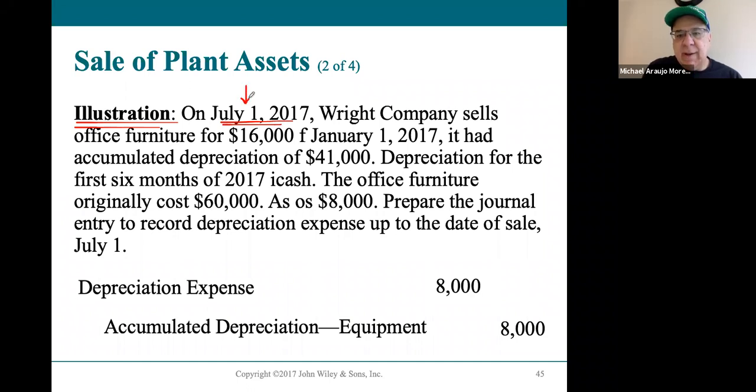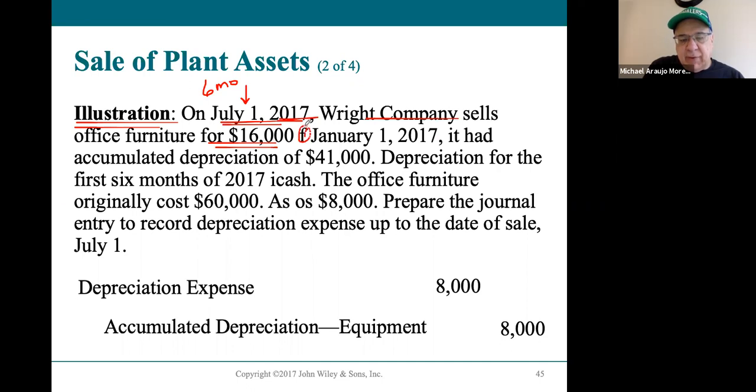Now, assuming they have a regular calendar year as their accounting year, July the 1st means that they've owned it for 6 months. They've used it for 6 months in 2017 before they sold it. Okay. And so that's important to notice. They sell their furniture for $16,000.